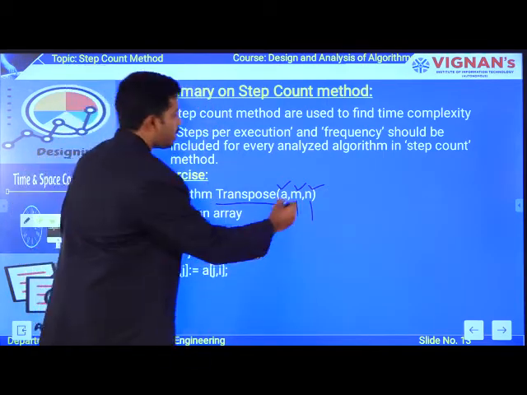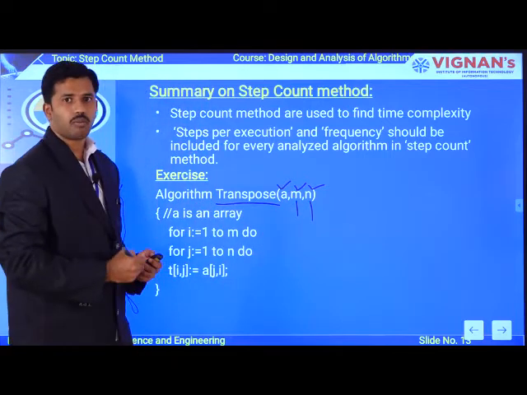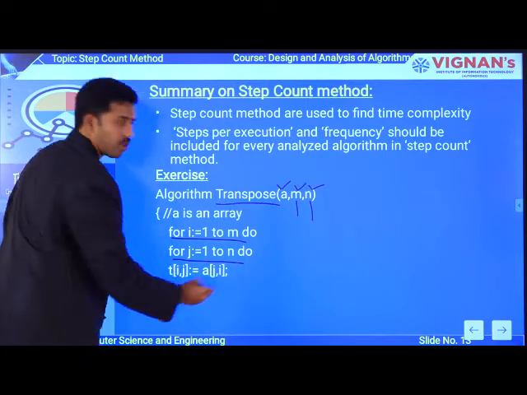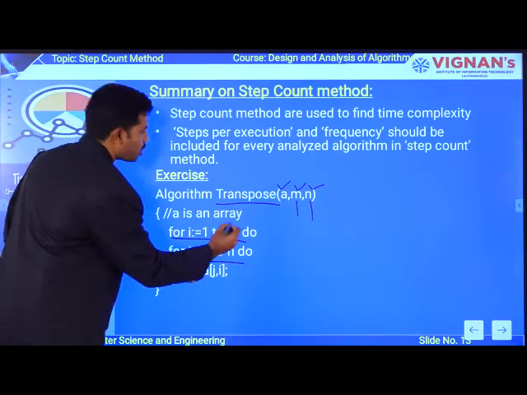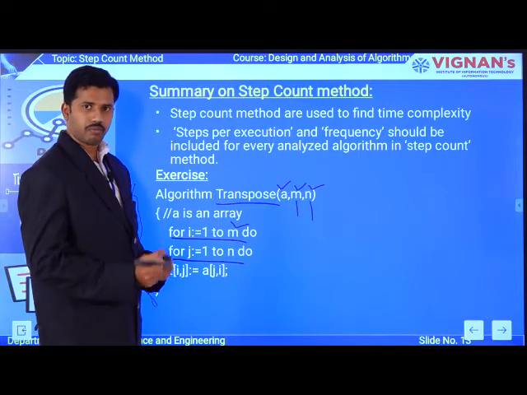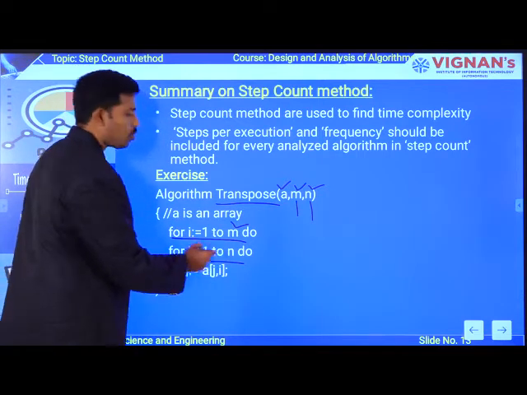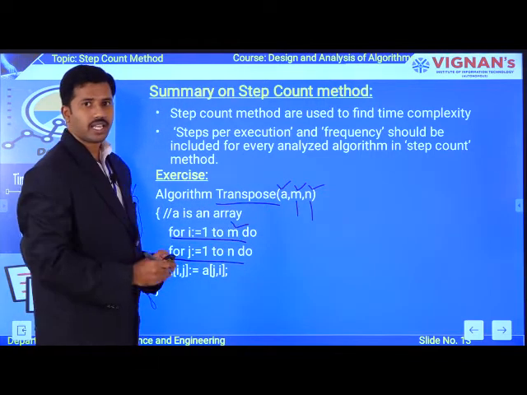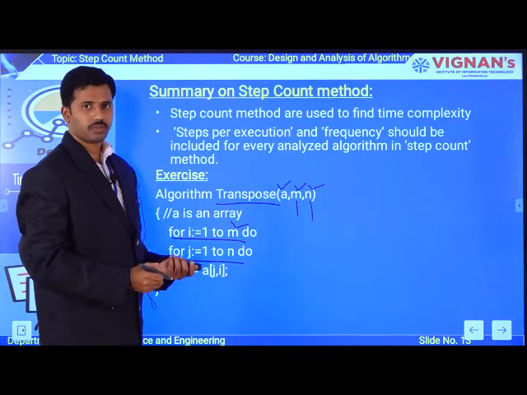Okay. To trace the number of columns as well as the number of rows, how many for loops do you require? 2 for loops. So, the first for loop execution depends upon the number of rows parameter, which is M, and the execution of the inner for loop will depend upon the third parameter, which is N, nothing but the number of columns. Okay.